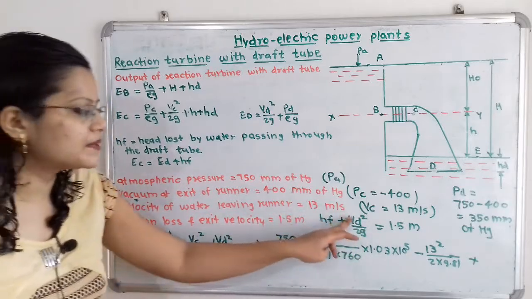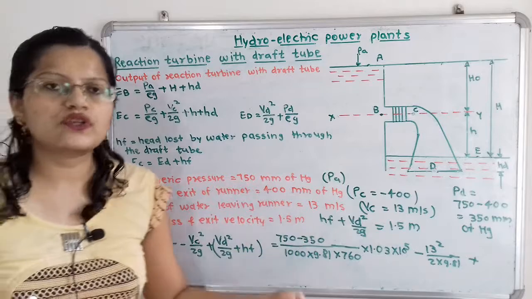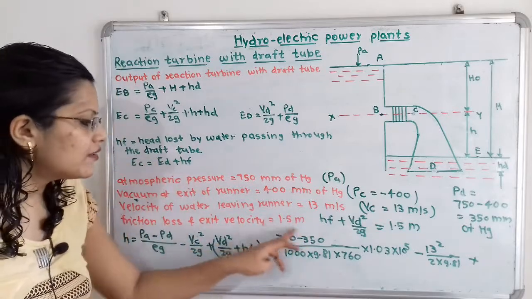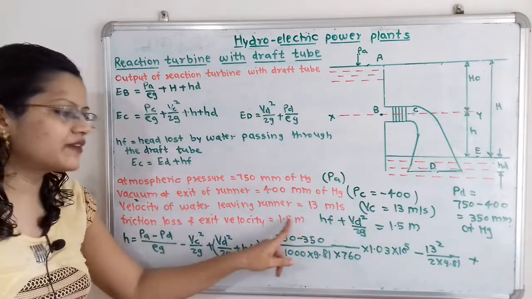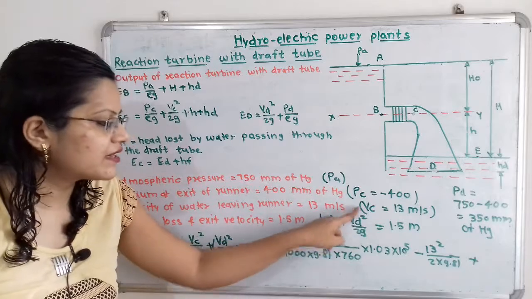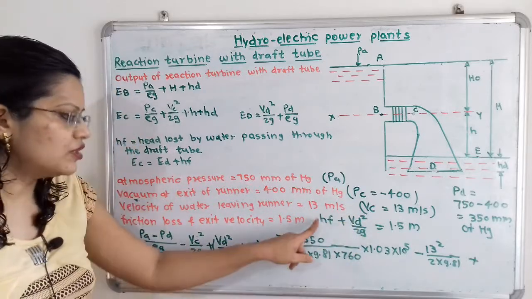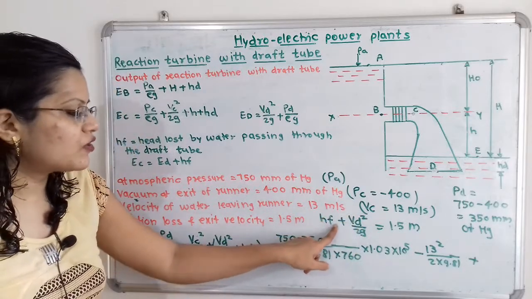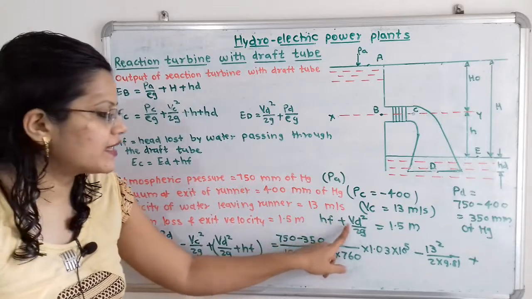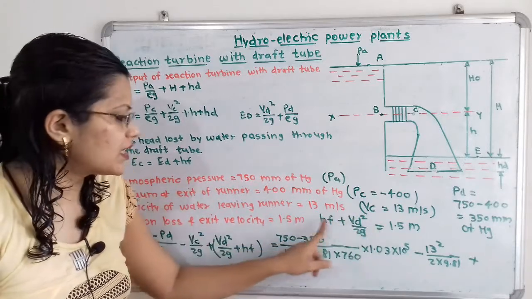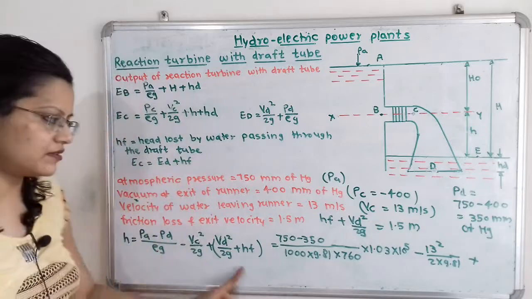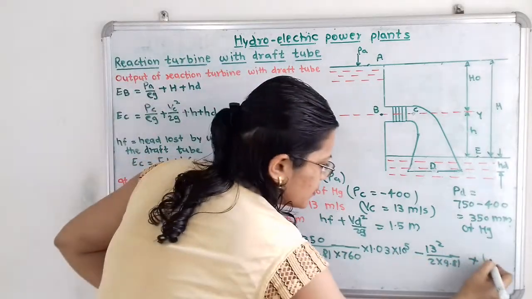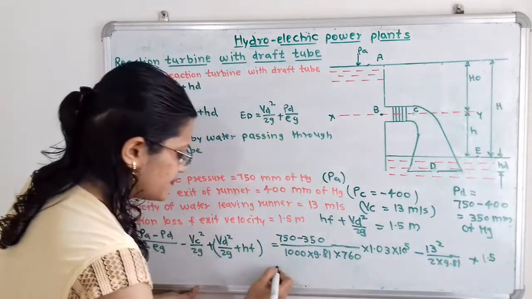For the exit velocity, the word head is not used in the question, but whenever it is given in meters, we have to consider it as head, that is Vd square by 2g. The head loss due to friction is also a head, and the total of this kinetic head and friction loss is given as 1.5 meter, so we can use 1.5 meter directly.